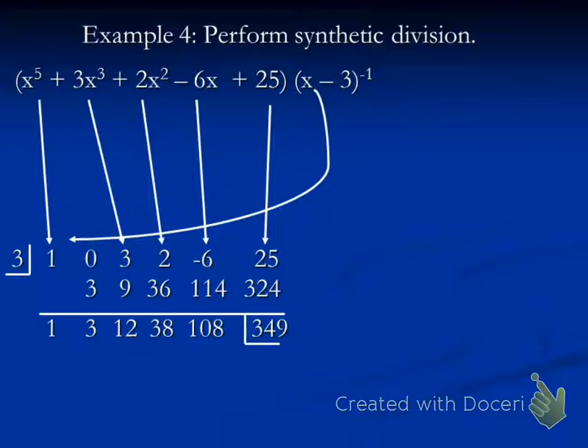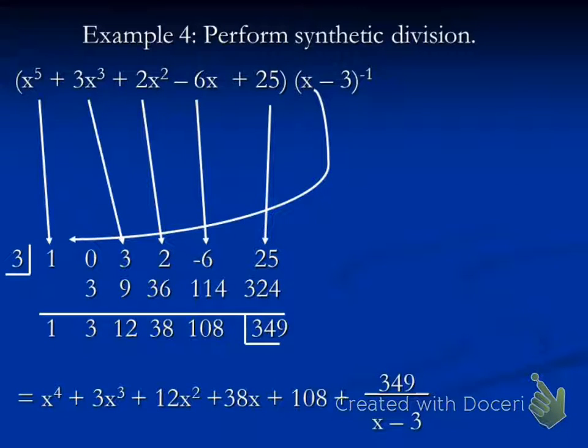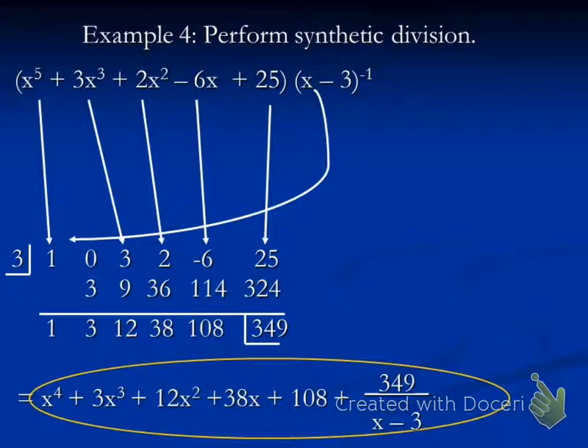All right, because our dividend has a 5th power and our divisor is a 1st degree, our solution is going to start with x to the what? Fourth. So I'll have 1x to the fourth plus 3x cubed plus 12x squared plus 38x plus 108 plus 349 over x minus 3.